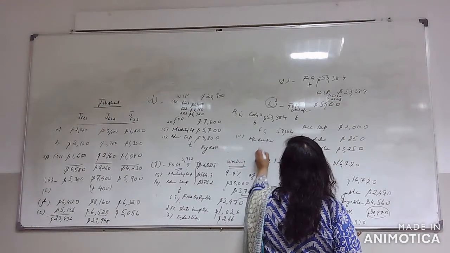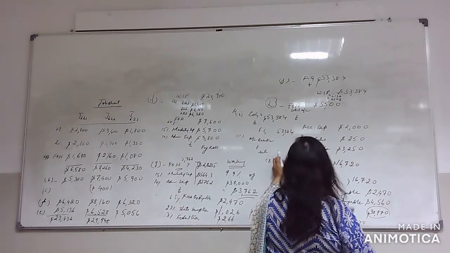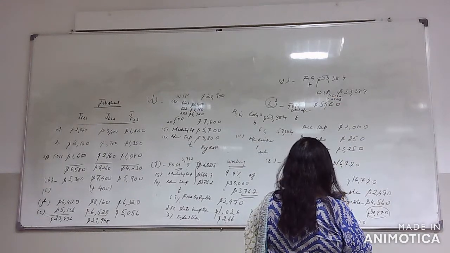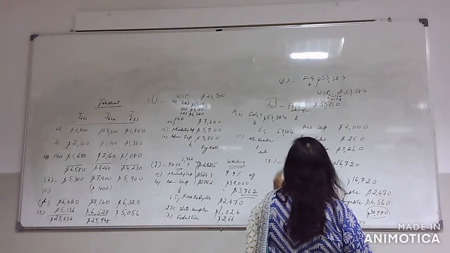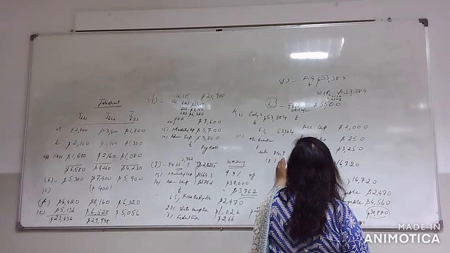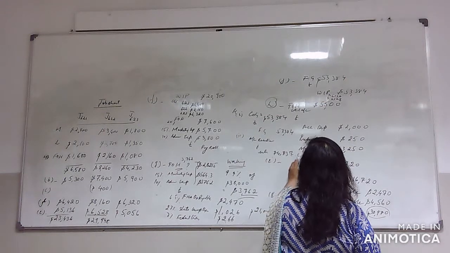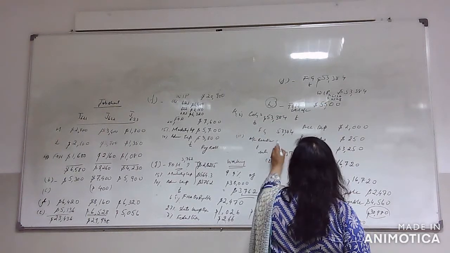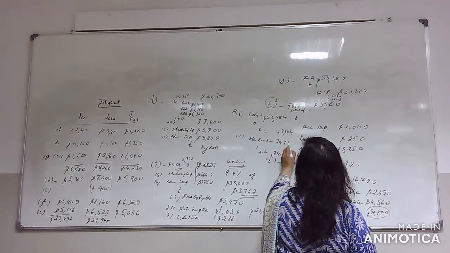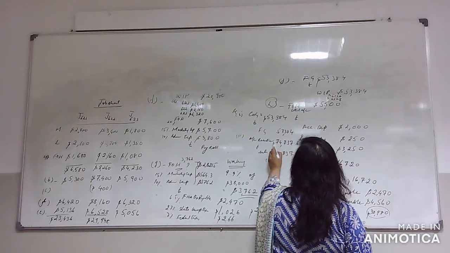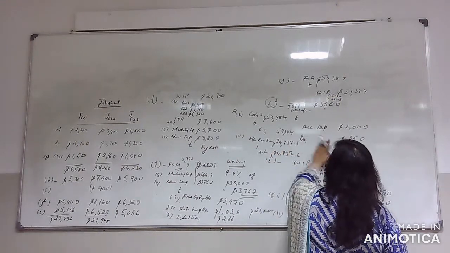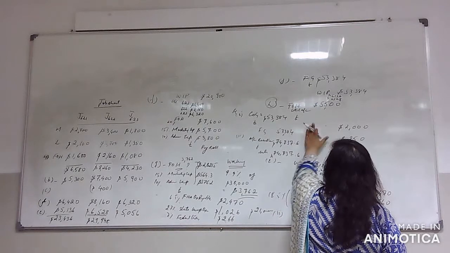Accounts receivable to sales of 74,737.6, okay? So you don't get confused with all these additional entries.